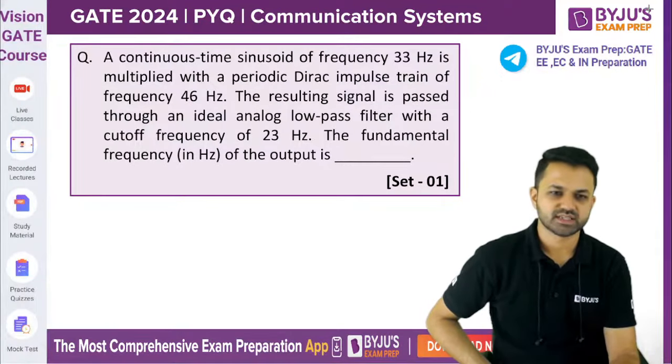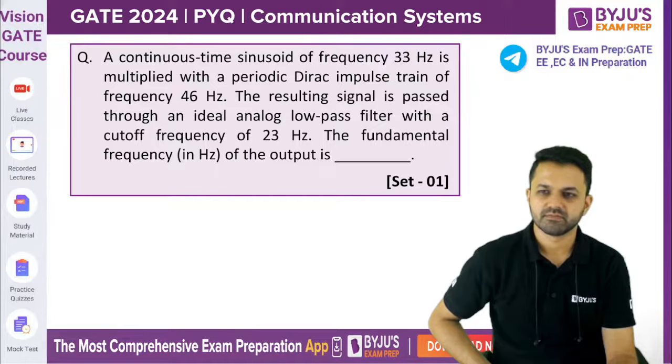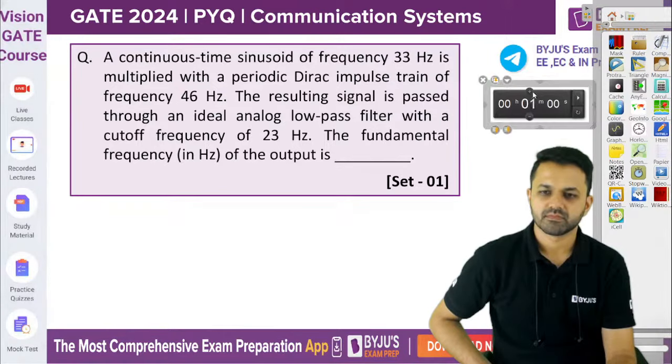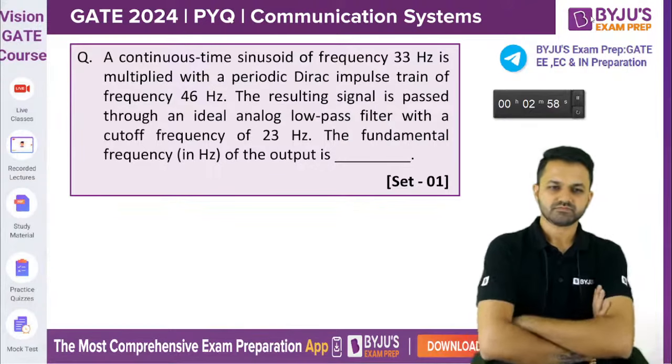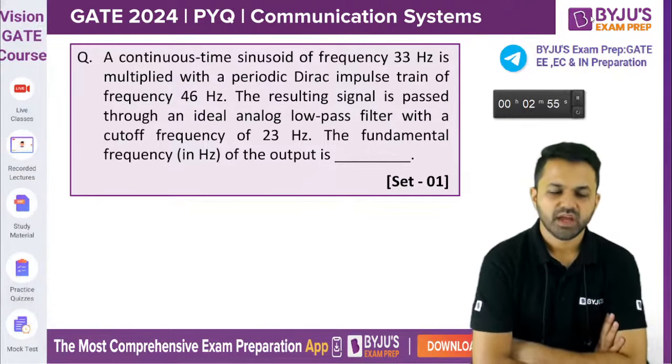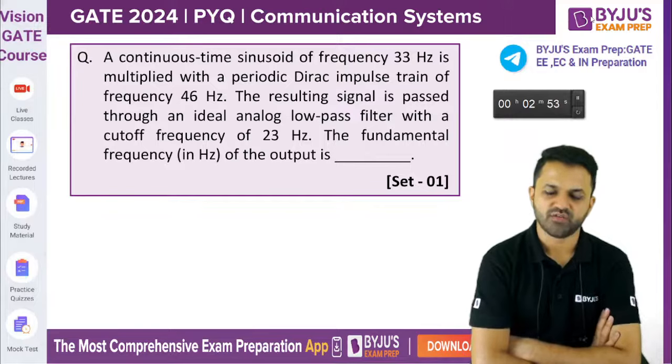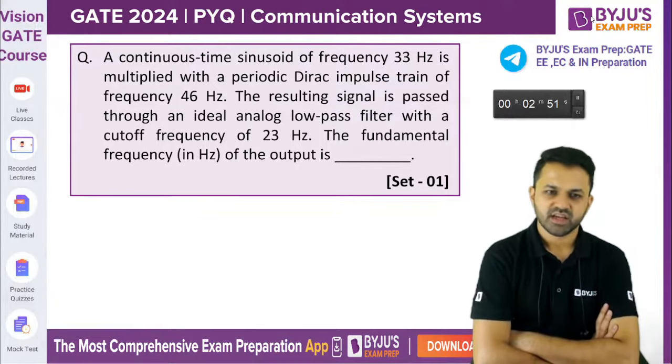Now answer this question. A continuous time sinusoid of frequency 33 Hz is multiplied with a periodic Dirac impulse train of frequency 46. The resulting signal is passed through an ideal low pass filter with cutoff frequency 23.